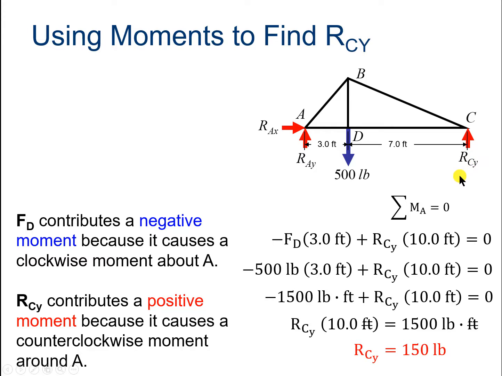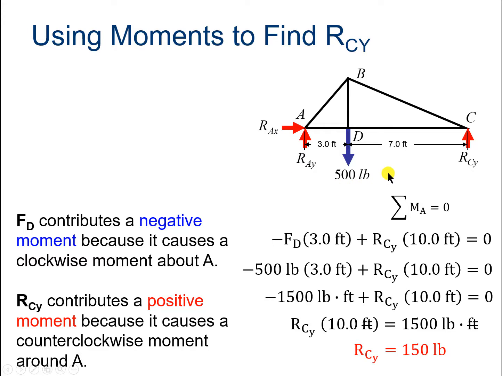For example, this is the reaction force at point C in the y direction, so we've got a subscript. This is the reaction force at point A in the y direction, and so on and so forth. I don't think it's too big of a burden to deal with the notation. It's really not that bad.